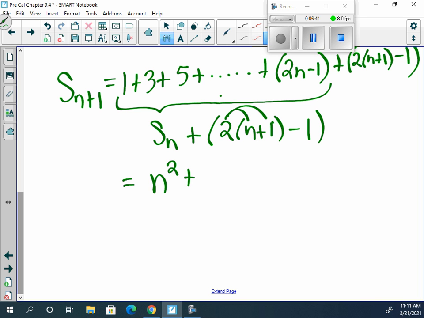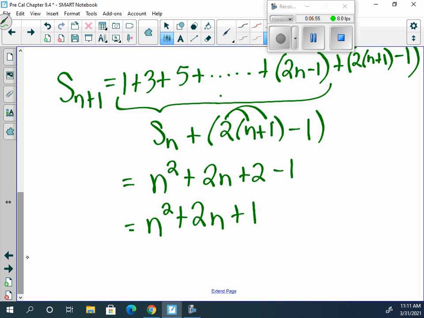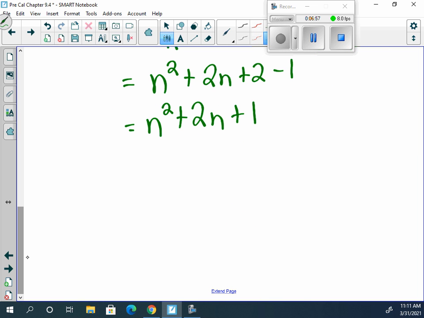Now here, we'll simplify a little bit. We can distribute the 2. 2 times n is... now what is our goal? n squared, n plus 1 squared, yes? So that's what we want to show.